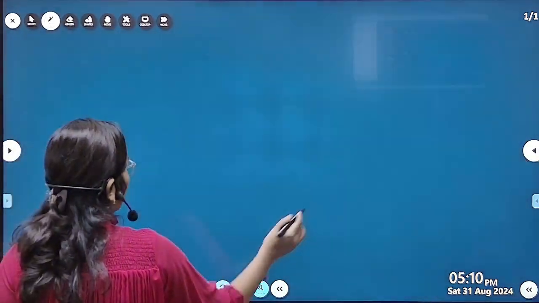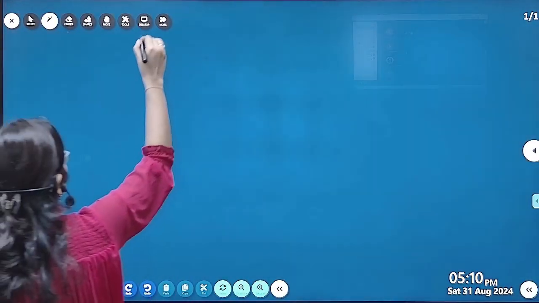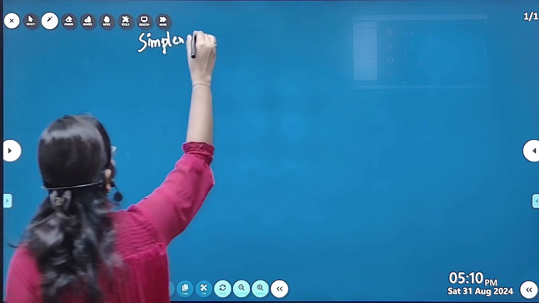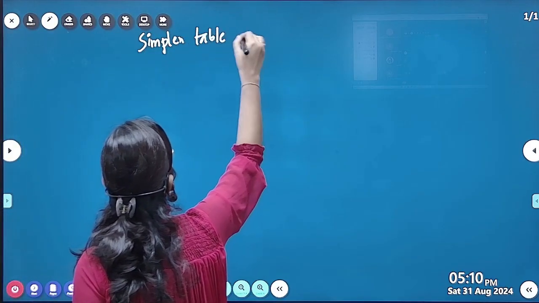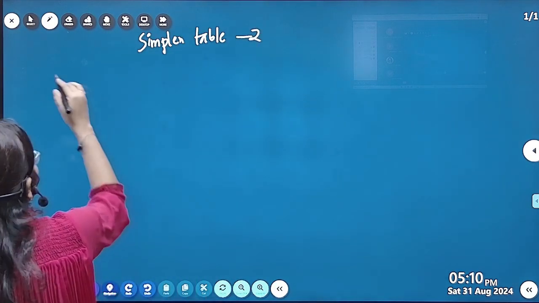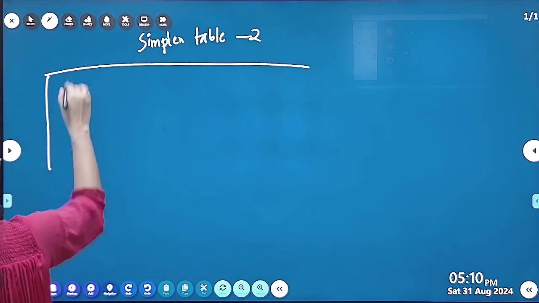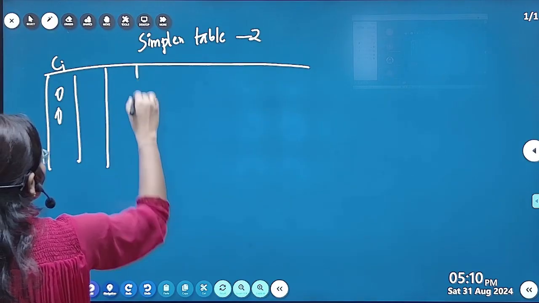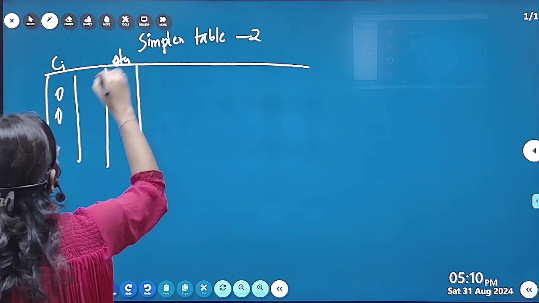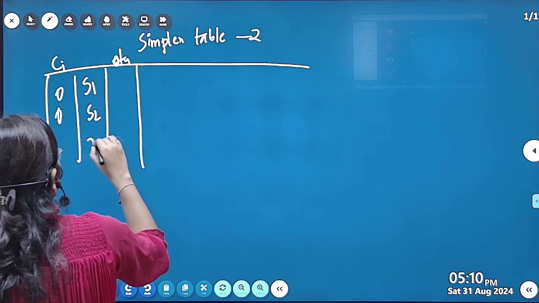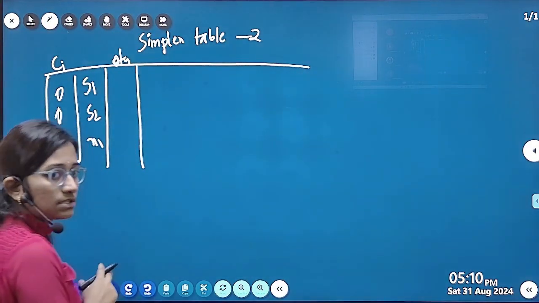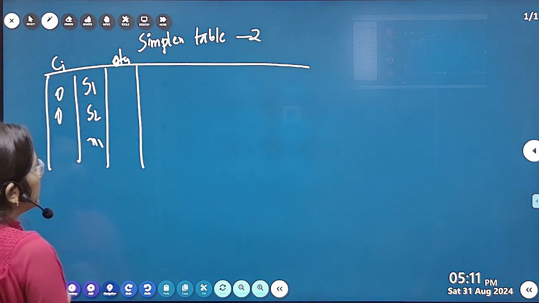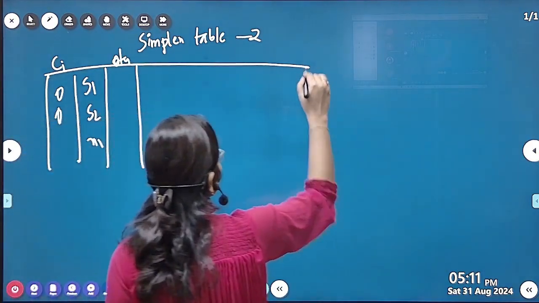Yes, ma'am. Okay, so let us prepare another simplex table, table number 2. Tell me fast. Cj values 0. This is the quantity. These are the slack variables S1, S2 and X1. There is no more S3 because it is represented by X1 now. So now the ratio.